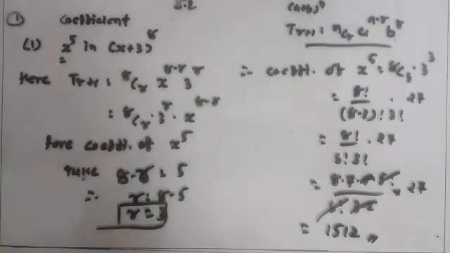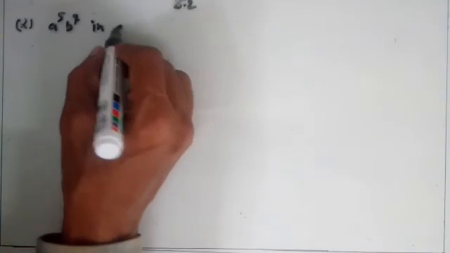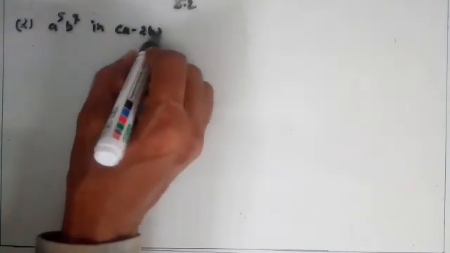Now question number 2. Find coefficient of a raised to 5, b raised to 7 in the expansion of a minus 2b raised to 12.